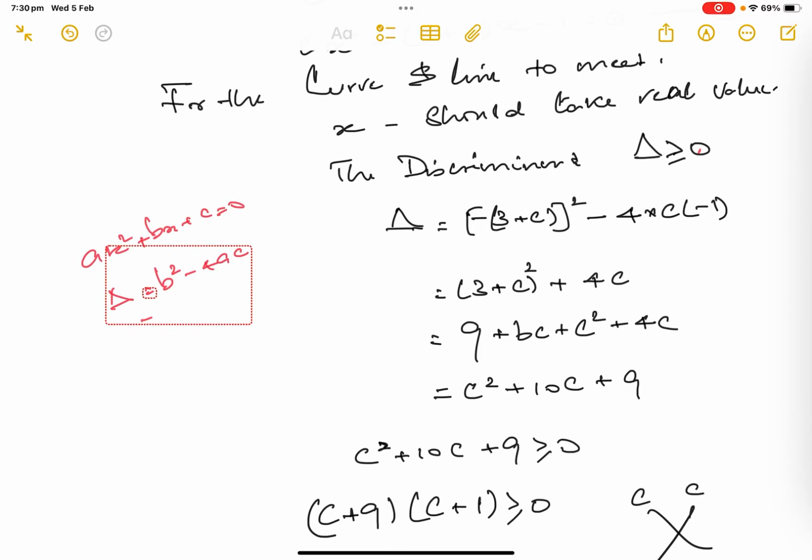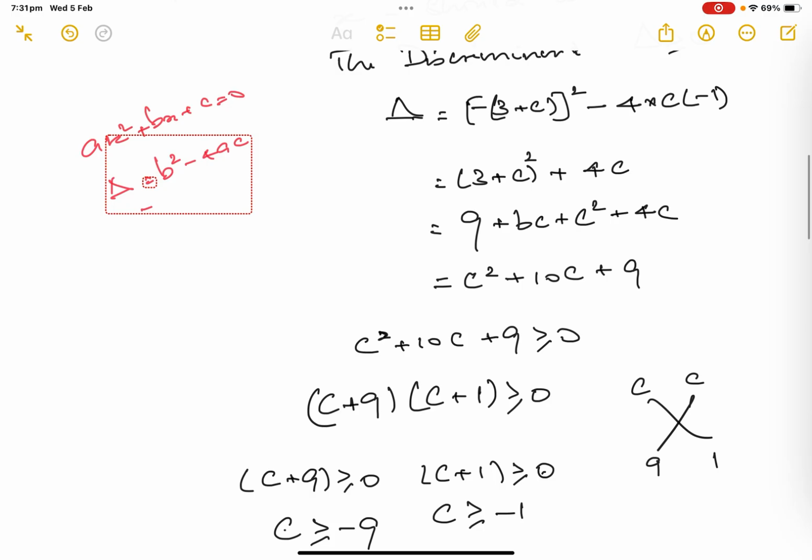So the first part is (3 plus c) squared plus 4c. Expanding the square, 9 plus 6c plus c squared plus 4c, that becomes c squared plus 10c plus 9. So this is the discriminant in c, again a quadratic expression.